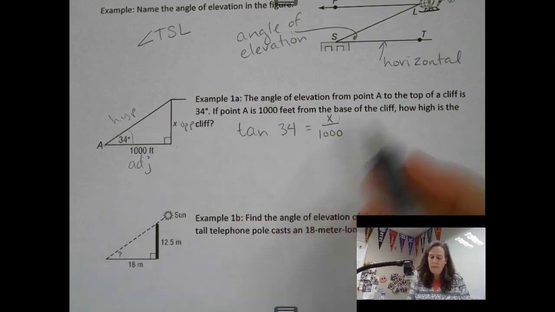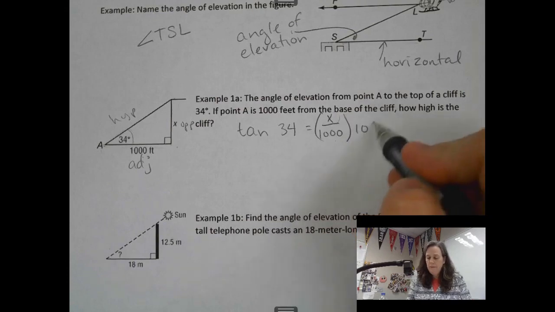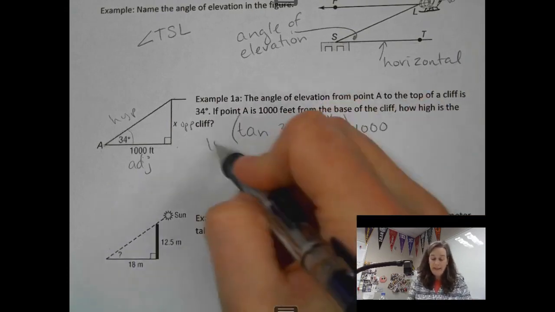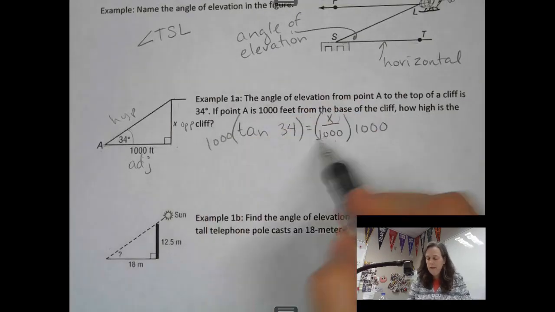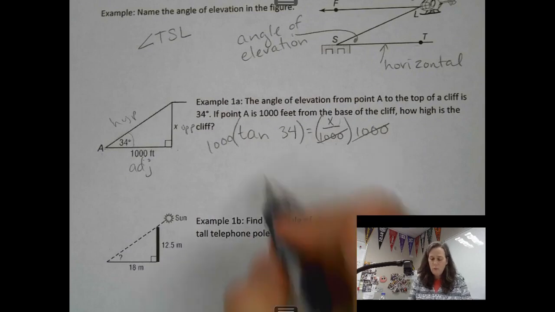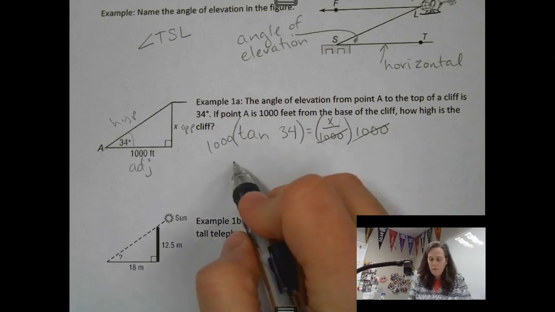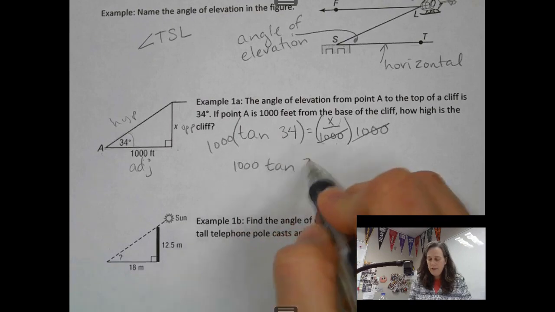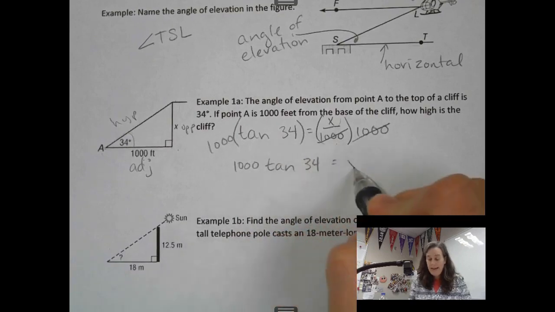So x is divided by 1,000. We would multiply by 1,000, and we have to do it to both sides to keep it equal. 1,000 divided by 1,000 is 1. So over here we have 1,000 tangent of 34 equals x.